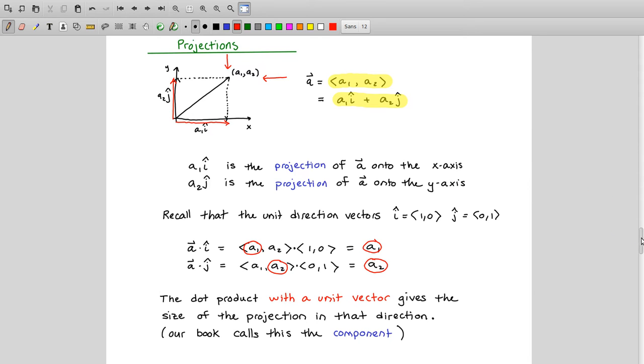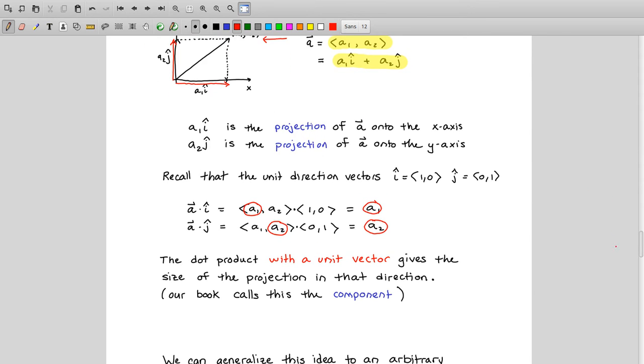That tells us something important: the dot product with a unit vector gives us the size of the projection in that direction onto that unit vector. Our book calls this number, which is a scalar, the length of these projections. It calls these scalars components. So the component is the length of the projection.